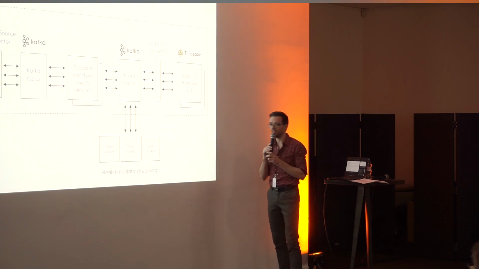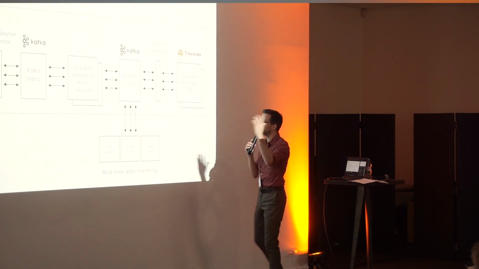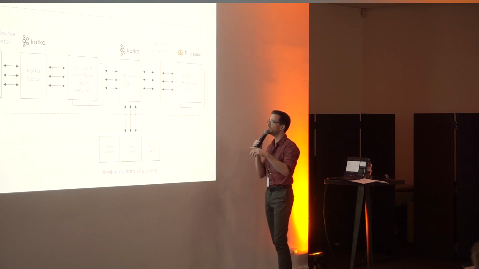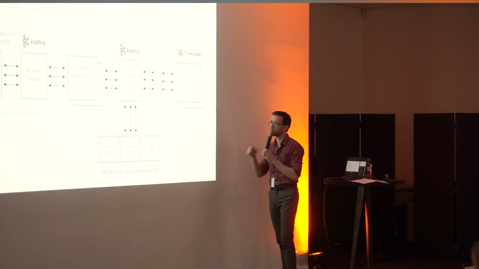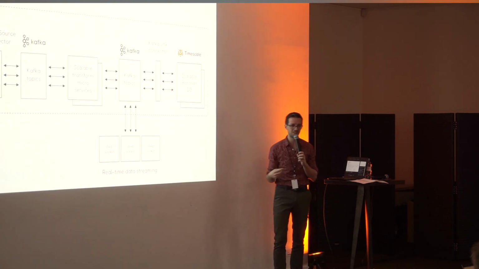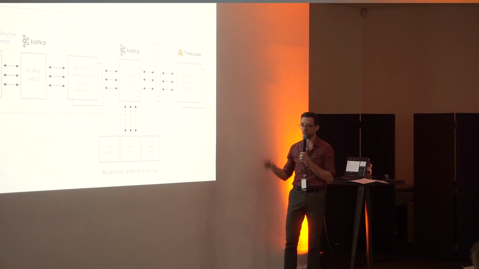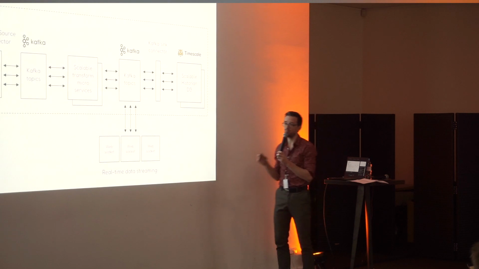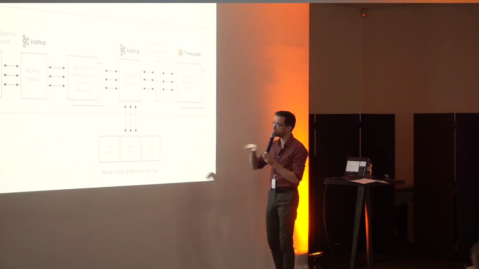Because if something goes wrong and you lose data, your customer is going to come to you, and it happened to us, and say, okay, I have no data during this time, what happened? And yes, you are facing scalability issues then, and you have to work on it.